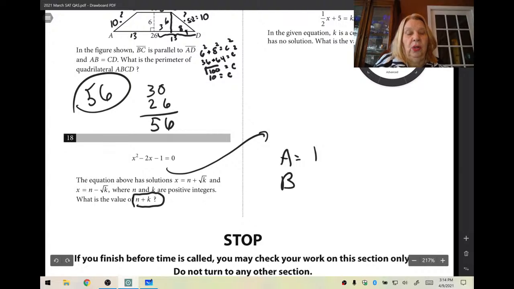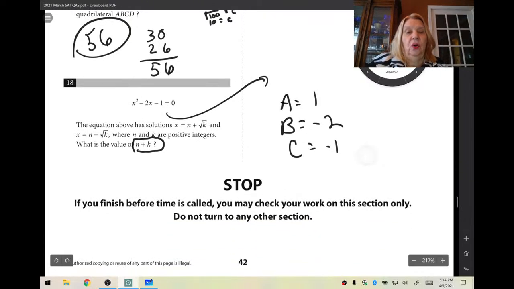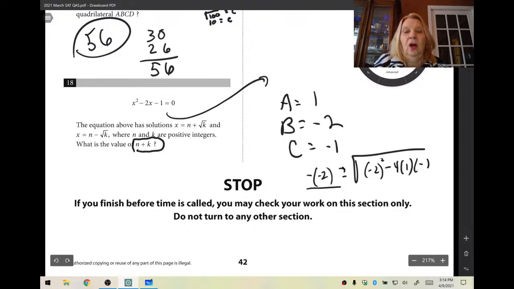Remember, we're going to be telling you in the polynomial lesson that one time usually on the no calculator part, you have to use the quadratic formula. So we're going to put in minus b plus or minus the square root of b squared minus 4ac all over 2a.